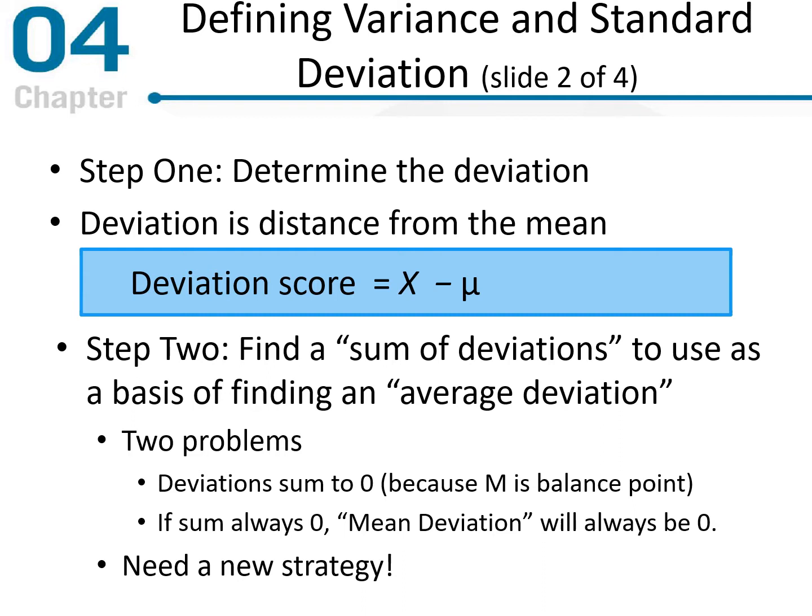Whatever's on the left and whatever's on the right all cancel each other out and you get 0. So the sum of the deviation scores, the sum of the x minus mu's, will always be 0. So you can't find the standard deviation by just adding up all these deviation scores and dividing by n, because you'll always get 0. You need to find an alternative method, and that's how we get to the variance.